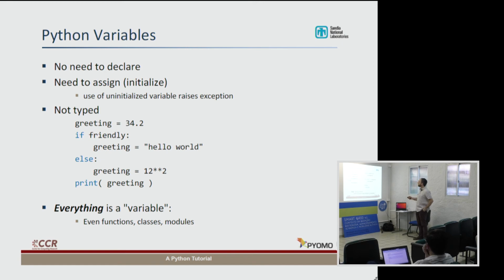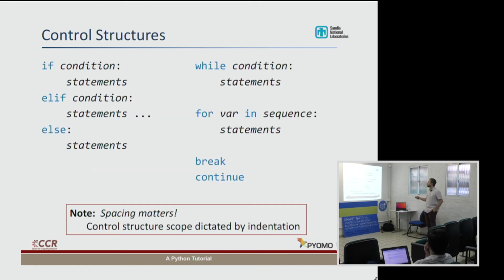The control structures are equivalent to MATLAB. I'm not sure I remember the differences. Note there is two colons here. The if-else statement is like that, and the while is like that, the for is like that. Every time there is a colon.